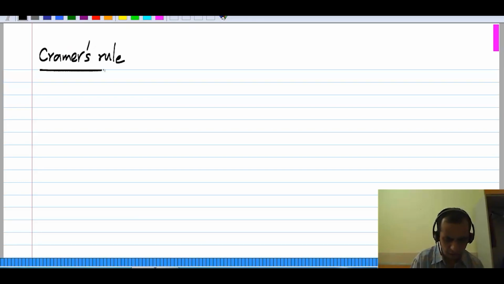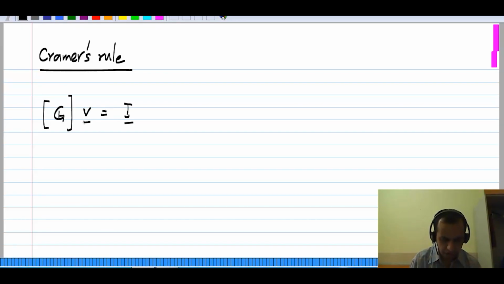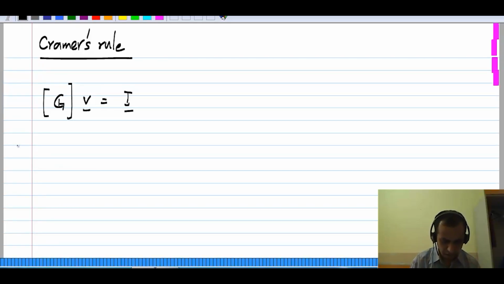The only one other thing I will mention is what is known as Cramer's rule. Let me take my nodal analysis equation, G times V is I. I'll assume a 3 by 3 matrix which corresponds to a 4 node circuit, which is described by 3 KCL equations.